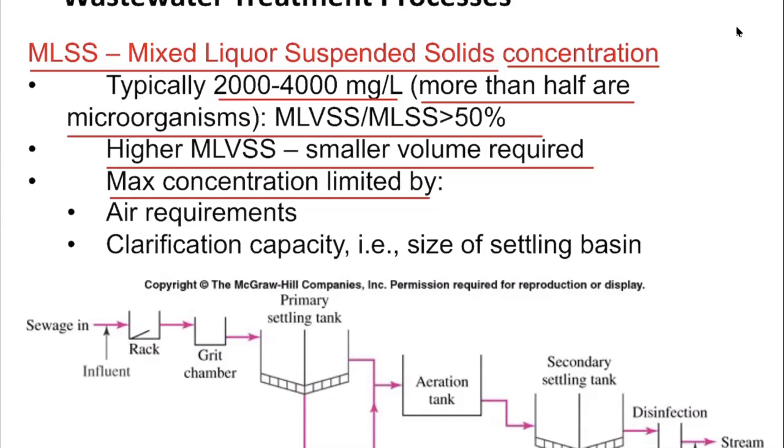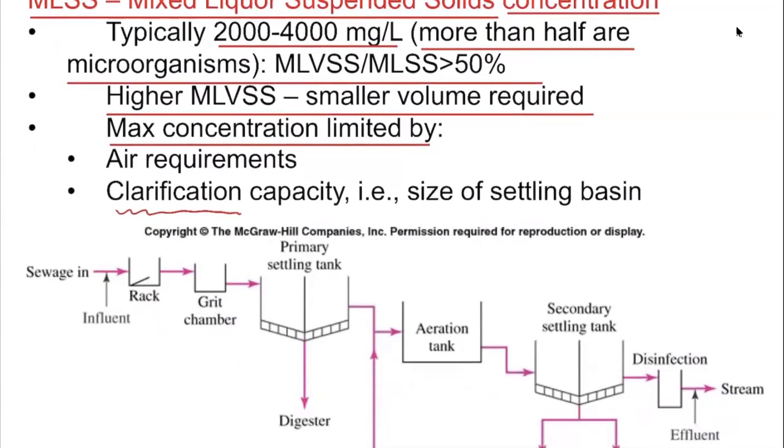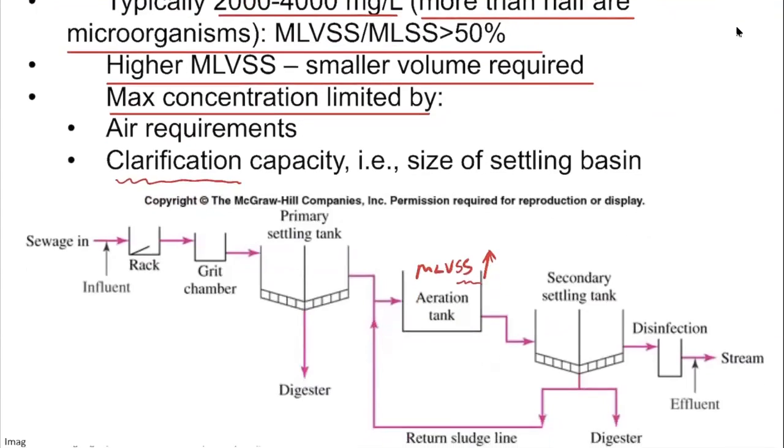The second consideration is the clarification capacity. If you imagine, if you put in too much bacteria, if the MLVSS is very high, then the amount of suspended solids is going to be higher. And then the secondary clarifier is going to deal with more solids.